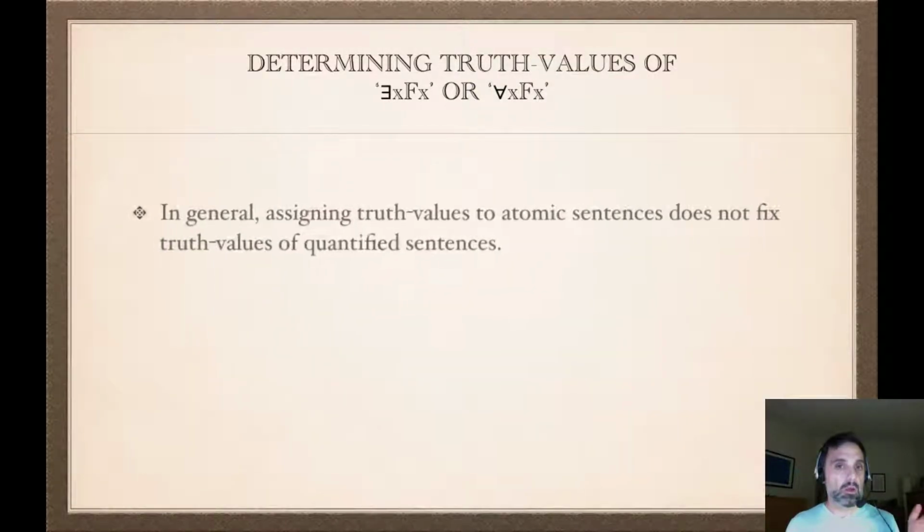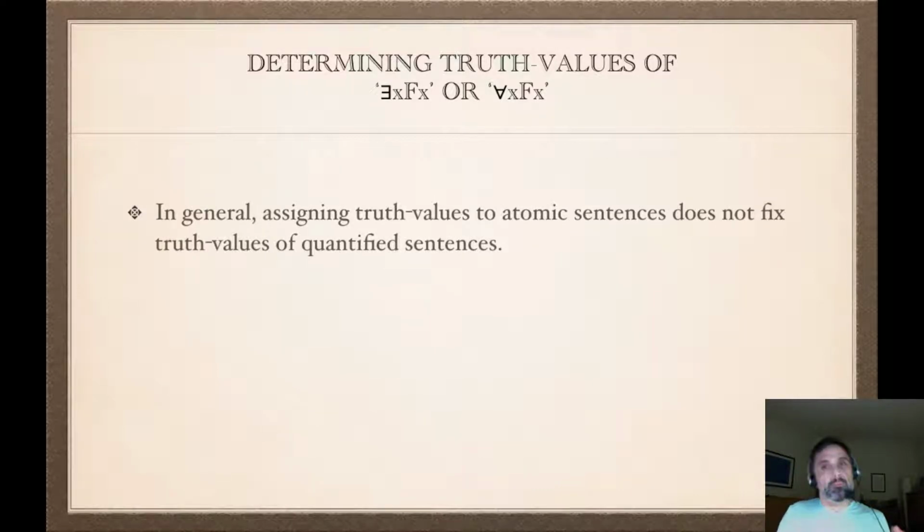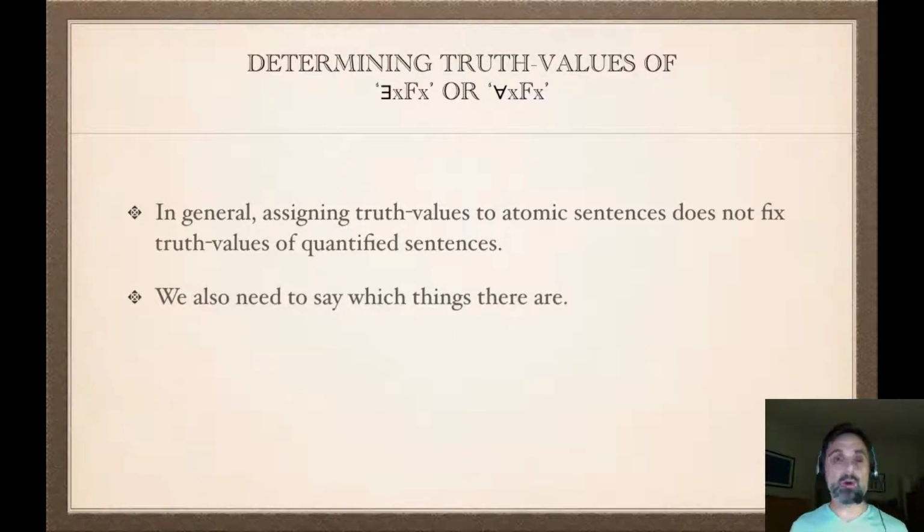And so this is a general problem. Assigning truth values to atomic sentences doesn't fix the truth values of quantified sentences. Why? Well, because among other things, it doesn't tell us which things there are. If you say, here's a really long list of things that are F, but you don't know whether or not that's the complete list, you don't know whether or not for all x Fx is true.